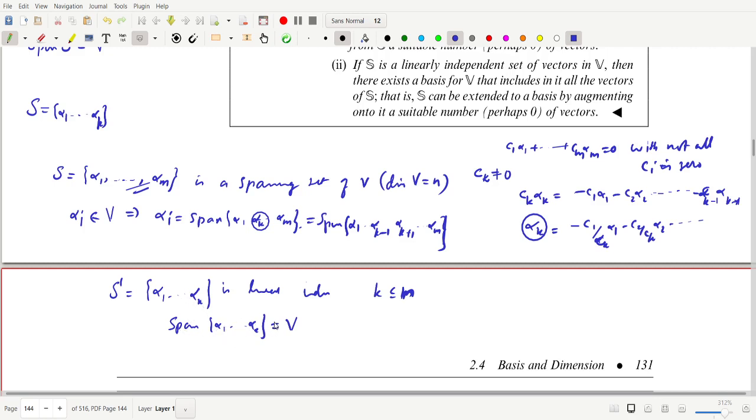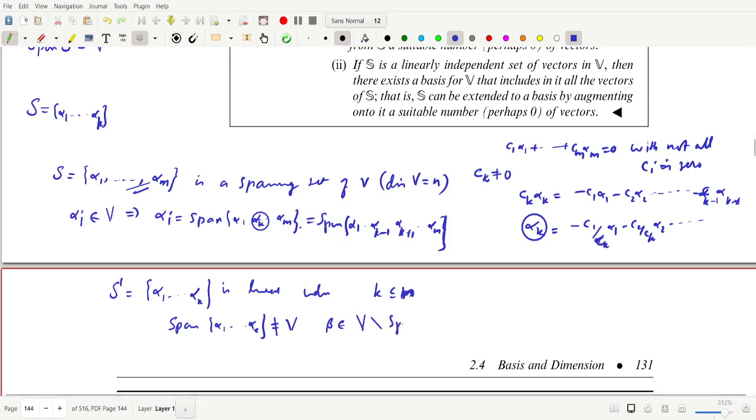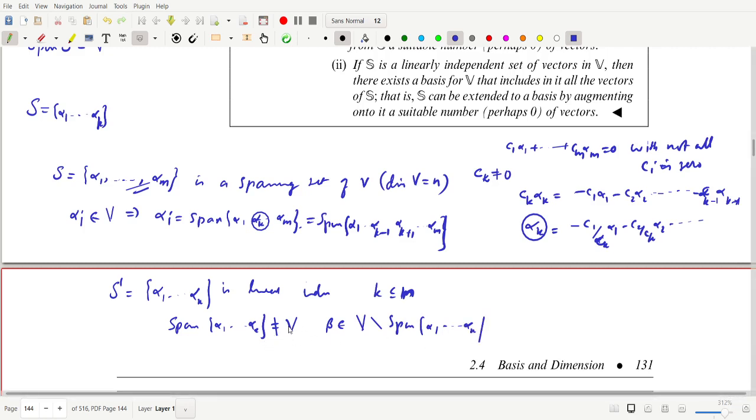Okay, otherwise if the span is not equal to V, then choose a beta that does not belong to the span, or we can write beta belongs to V minus the span of alpha 1 etc. alpha k. We know that these two are not equal. Okay, so we can choose this one.